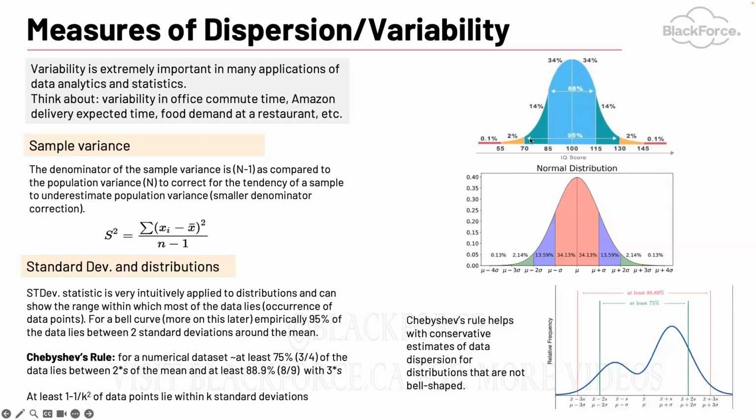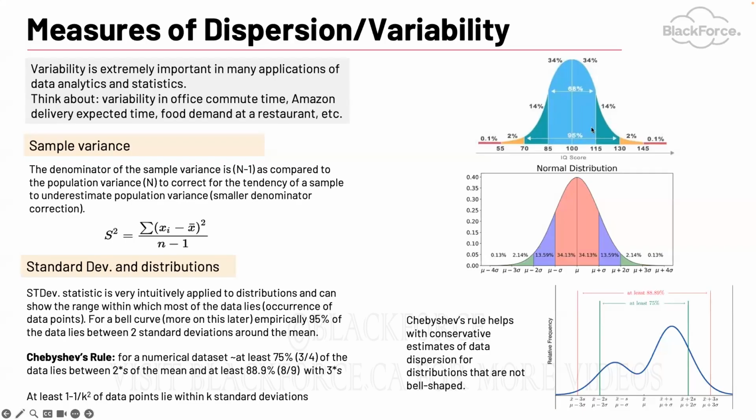And within two standard deviations plus or minus, you have 95% of the data. So it's like 34% for one standard deviation, two standard deviations away you have another 14%, and so on. So 95% of the data lies within two standard deviations of a bell curve.